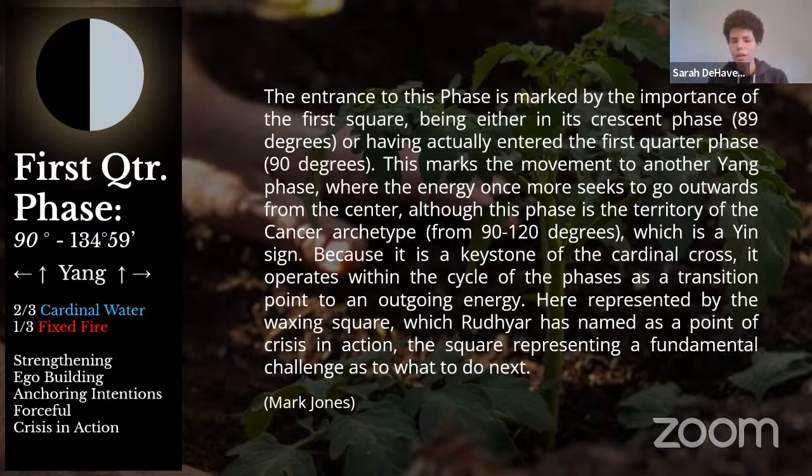So there's kind of a paradox here. Because it is a keystone of the cardinal cross, it operates within the cycle of the phases as a transition point to an outgoing energy. Here represented by the waxing square, which Dane Rudhyar has named as a point of crisis in action, the square representing a fundamental challenge as to what to do next.